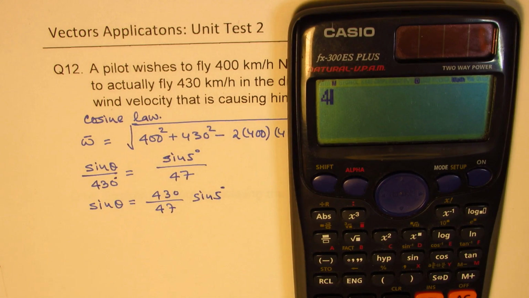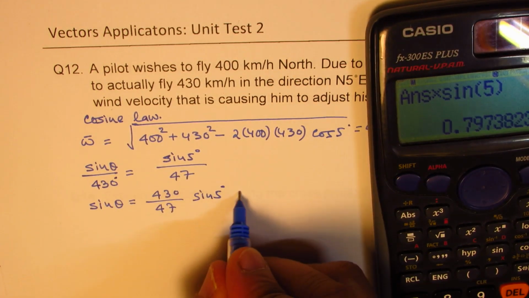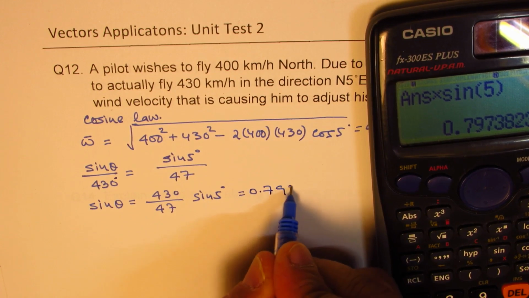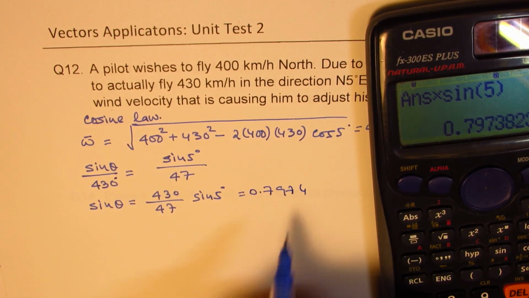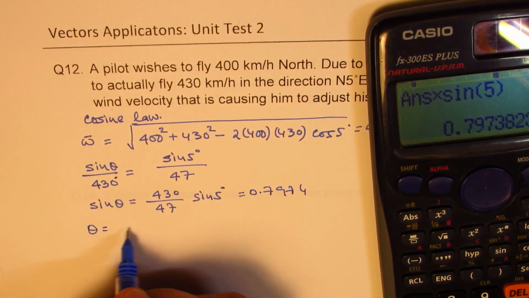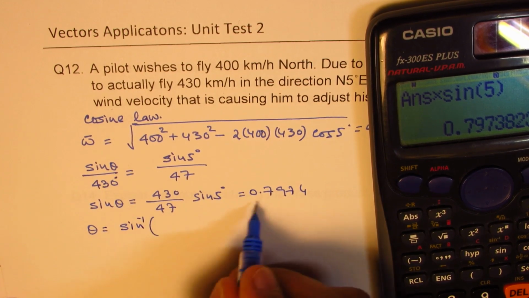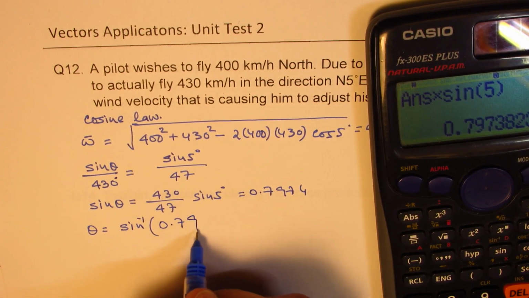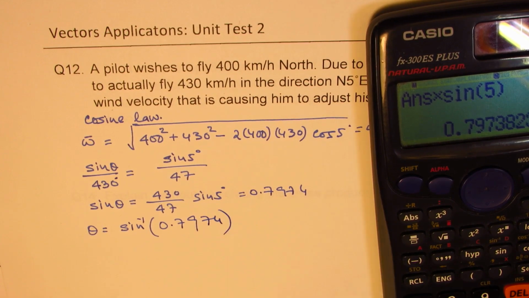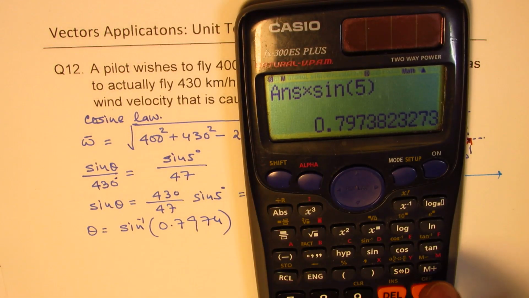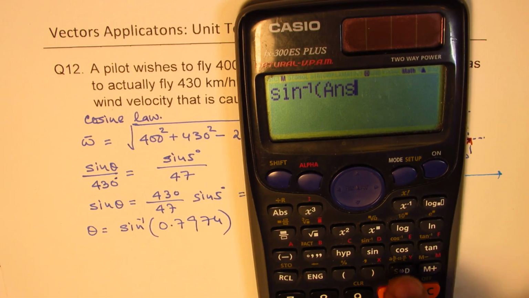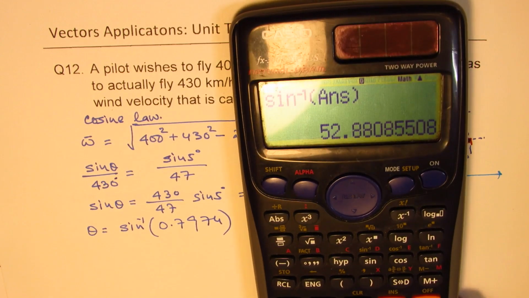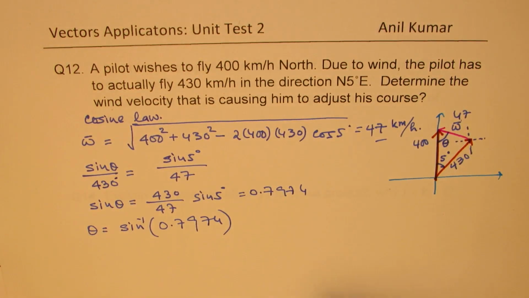So we have 430 divided by 47 times sine of 5 degrees, right? Which is 0.7974. So theta is sine inverse of all this, 0.7974, right? So which is shift sine inverse of our answer, which is 52.88.